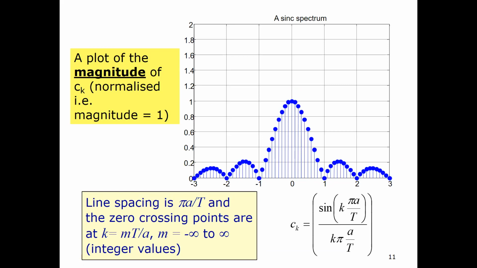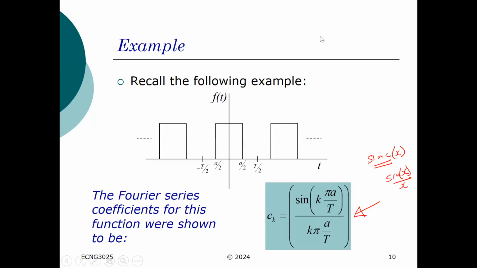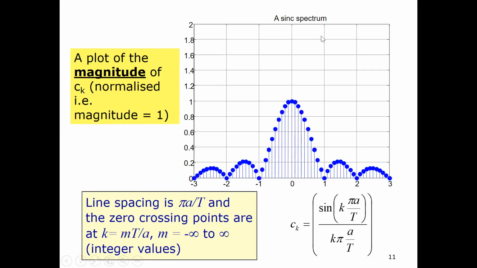Remember that the signal coming in is continuous. What did we use for the signal here? F(t). So F(t) is continuous, but the spectrum of F(t) is discrete.